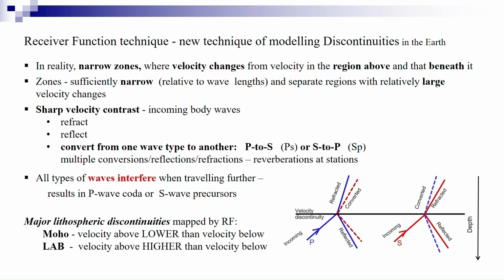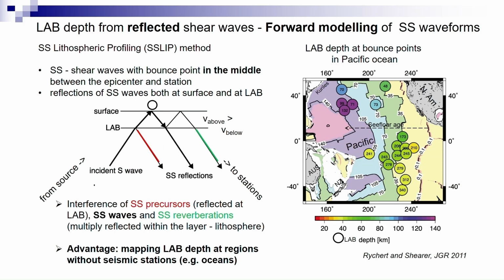Along with the MOHO, the LAB belongs to the Earth interfaces successfully mapped by the receiver functions. Let's concentrate first on interference of on-LAB reflected and refracted SS shear waves. This slide shows modeling the LAB depth from shear waves which reflect at the LAB beneath the bounce point in the middle between the source and receiving stations.